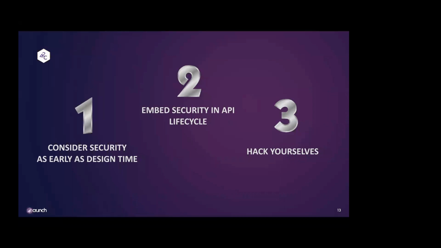For APIs, we have to think about design-time decisions, and as security practitioners, we really have a role to play in helping development do this. We'll talk about how we can put security in the lifecycle into automation, and as a general principle, hacking ourselves, and what tools we have to do that.